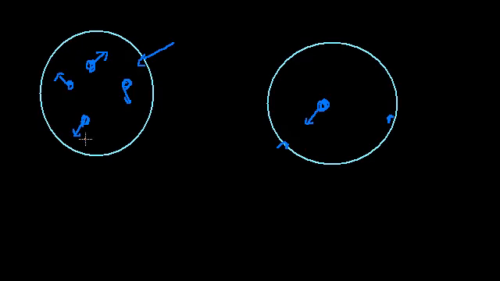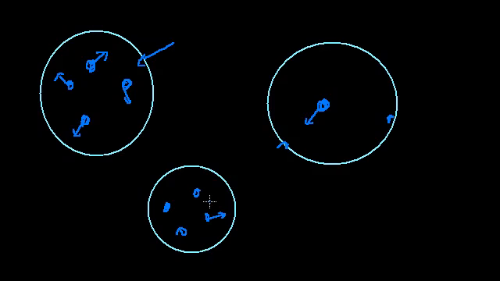What if we took this example, but we shrunk the container somehow, maybe by pressing on the outside. So this container looked like this, but we still had these same 4 particles in it, with the same average kinetic energy or the same temperature. So the number of particles is the same, the temperature is the same, but the volume has gone down.